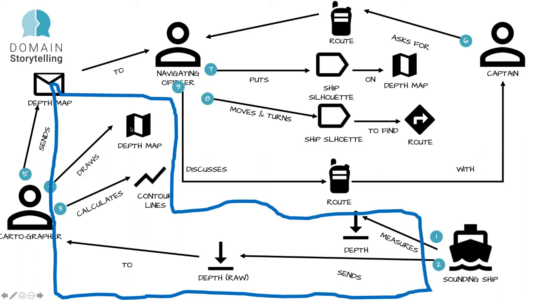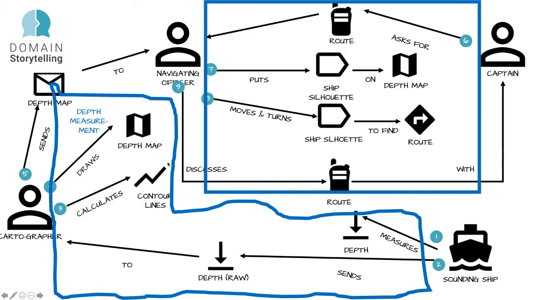And I would argue there is one subdomain down here where the steps 1, 2, 3, 4 belong into, and maybe I would call it depth measurement. And then we have another area up here that I would call maneuver planning. So different areas in the domain, different subdomains.